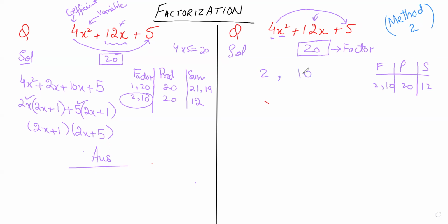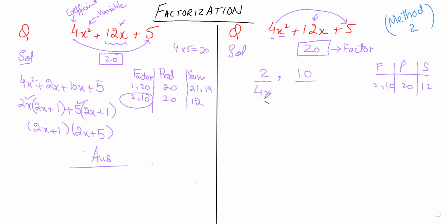Now, the next step, you have to see it very carefully because it's not that difficult. It's an easy thing. We only write our factors here. Then we have to divide our factors by our first variable's coefficient. The coefficient here is 4, and the variable is x. We don't need to write the power.